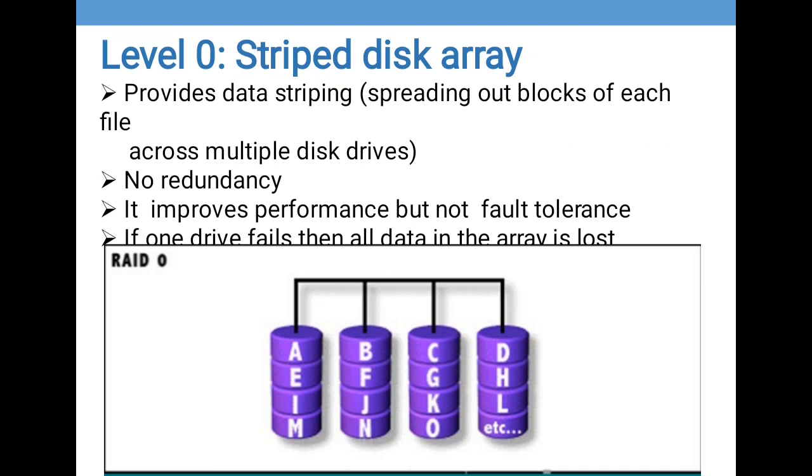Here, no duplication is provided, that is, no redundancy is provided. It improves performance but not fault tolerance, because if one drive fails, then all data in that array is lost and we cannot get that data again. It is a failed level, so it is not used now.